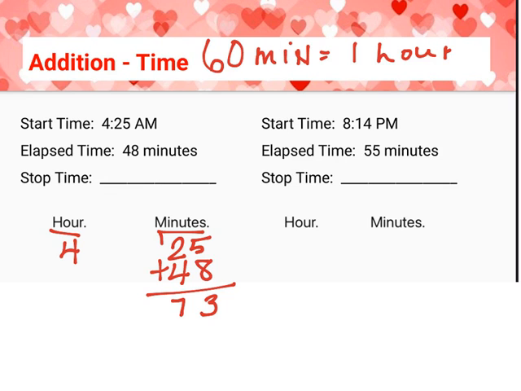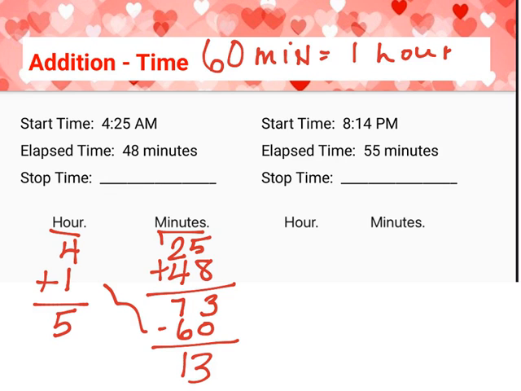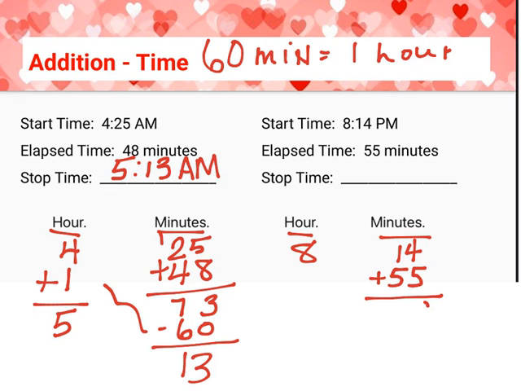So anything over 60 and above, I'm going to have to take away, bring it over here, convert it to my hour, and add it to the hour I had. So I now am at the 5th hour, 13 minutes after. So it's 5:13 a.m.